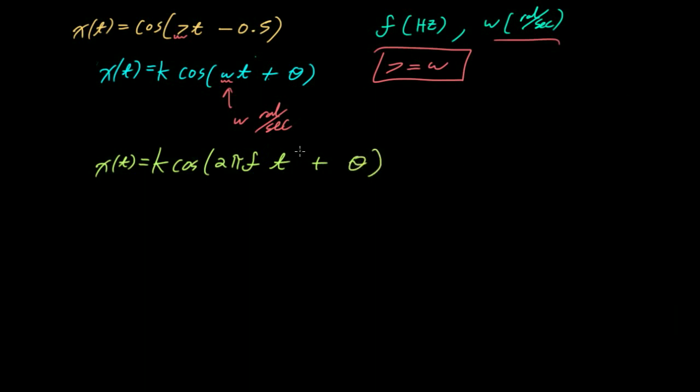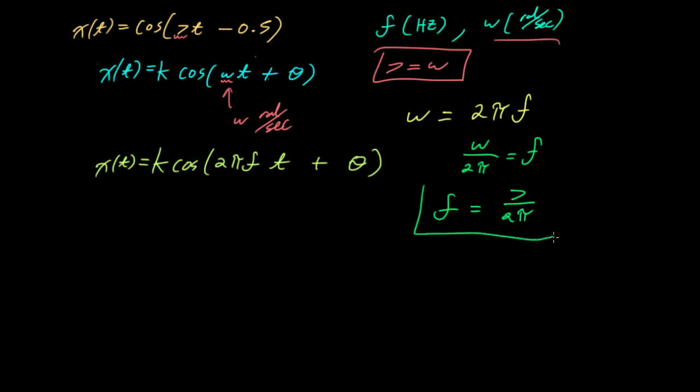So omega is equal to 2 times pi times the frequency. Therefore, if I divide both sides by 2 pi, omega over 2 pi gives me the frequency. I already know omega is 7, so my frequency is equal to 7 divided by 2 pi. And that's completely our answer.